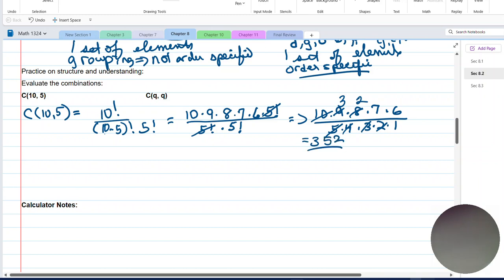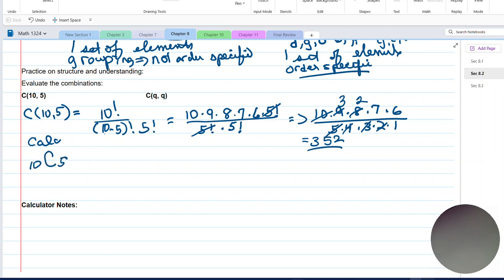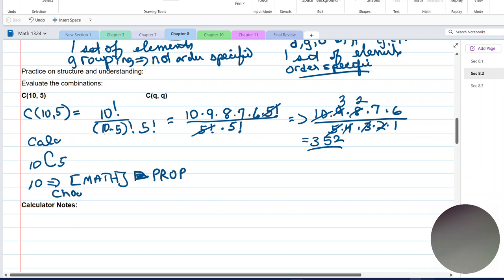Well, that's all good and well, and it's fun, but we need to do it by calculator. So in our calculator, we're going to enter the 10C5. Now that would be 10 on the home screen, then math, arrow over to PROB, and we're going to choose number 3, NCR, and enter.